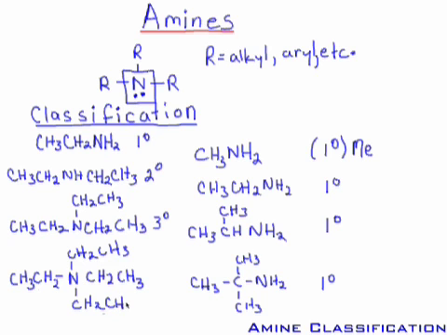Now, it's not truly an amine because the lone pair is gone. It's more an ammonium cation, whereas all the other nitrogens had lone pairs. There's no lone pair here, and that would be a fourth-degree nitrogen-containing salt.